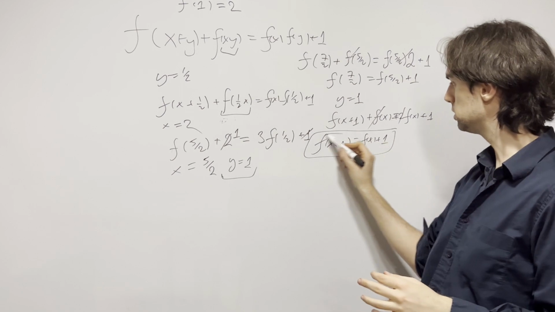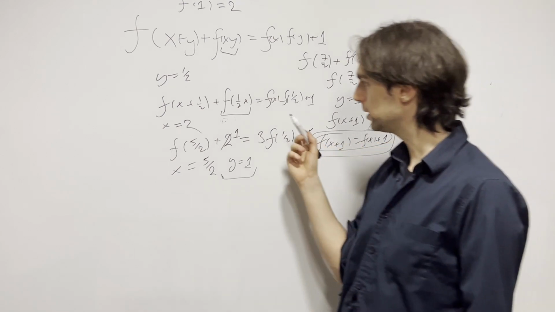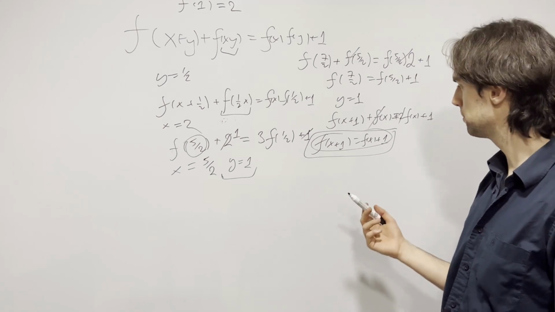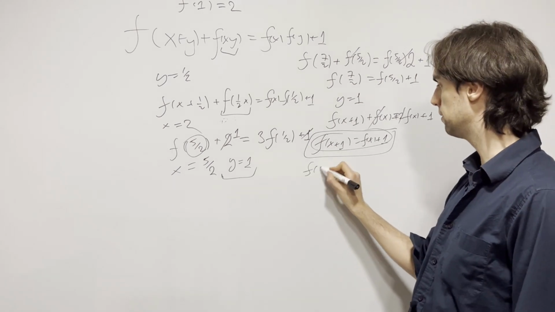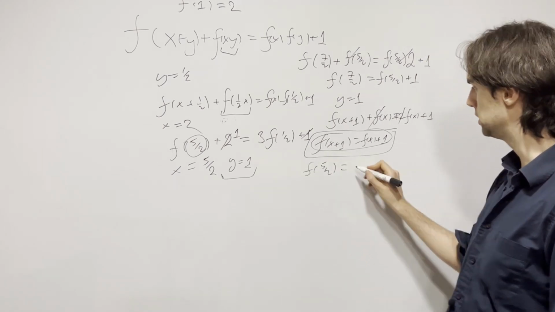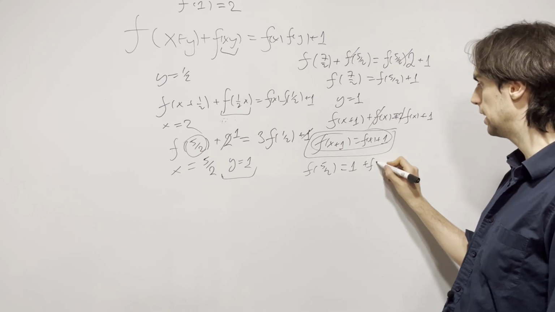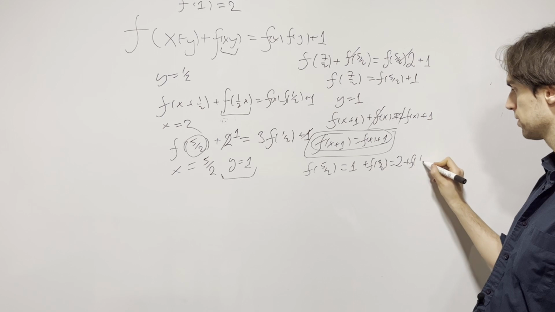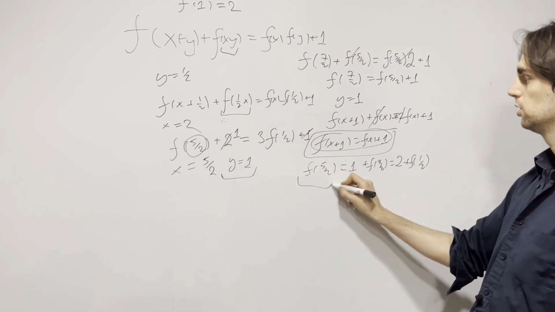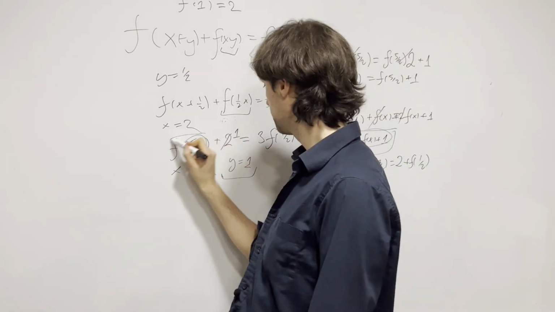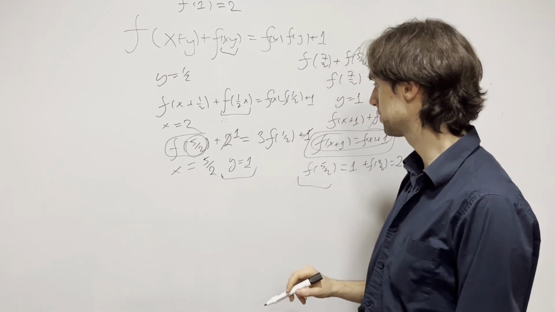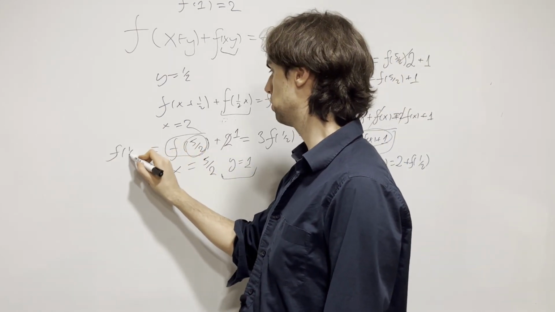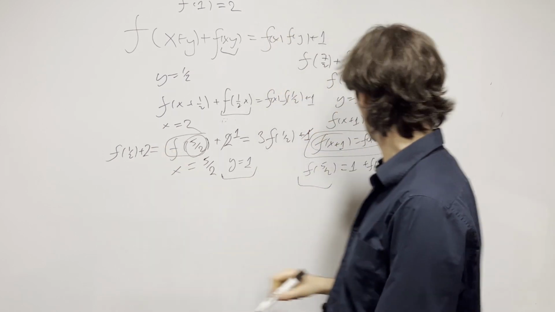And now with this in mind, what is this? This was 5 over 2. Here, we have f of 5 over 2 is equal to 1 plus f of 3 over 2, which is equal to 2 plus f of 1 over 2. So this 5 over 2 that we had is in fact equal to f of 1 over 2 plus 2.